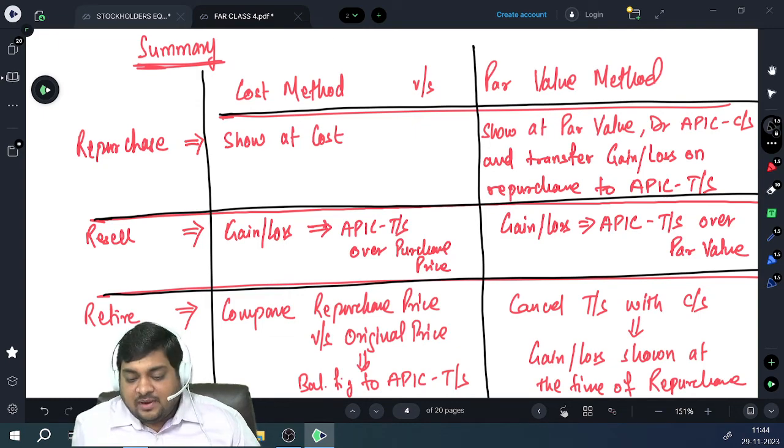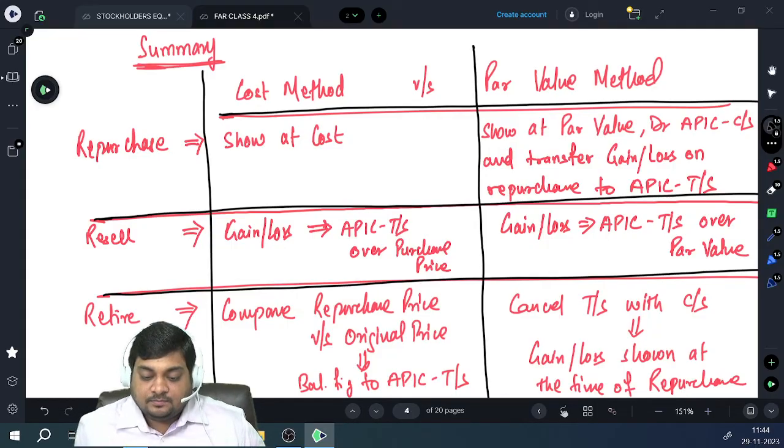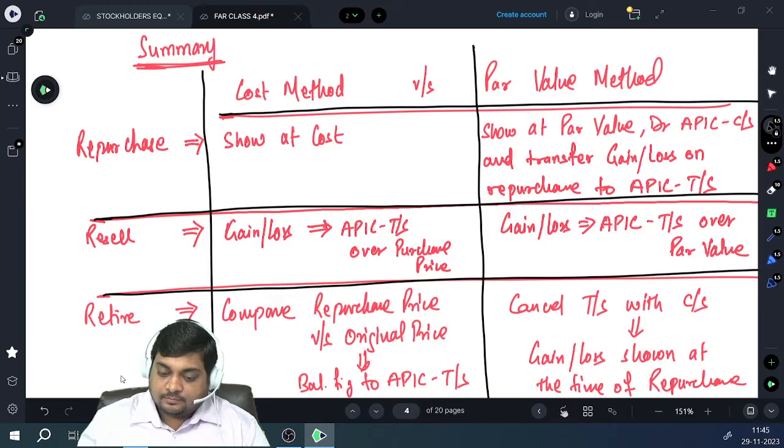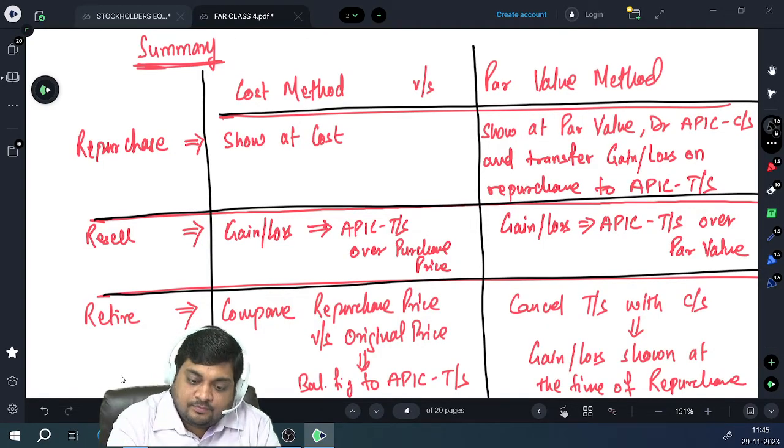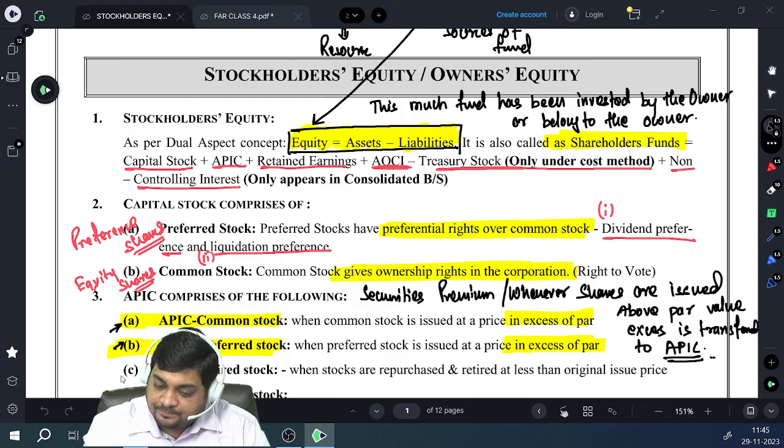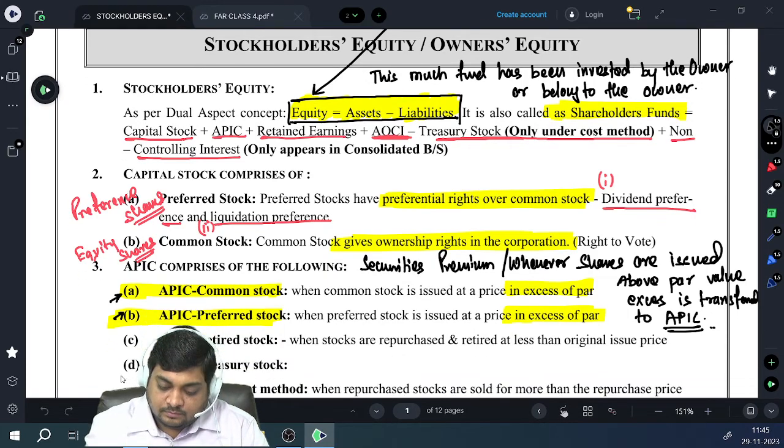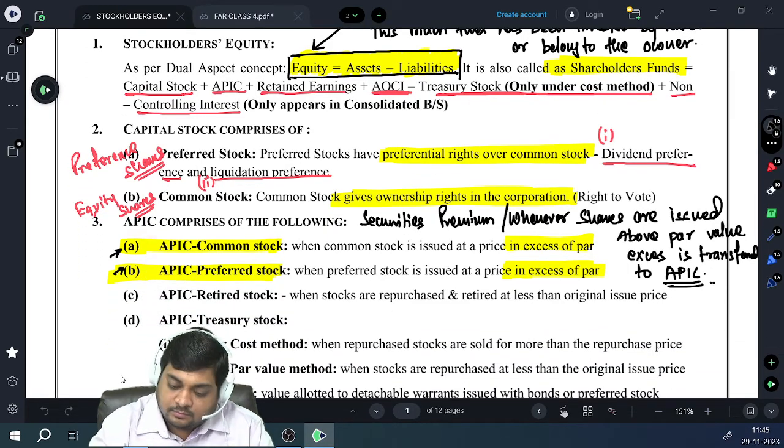I guess this is absolutely fine. Now we can see that this I have explained. This I have explained.